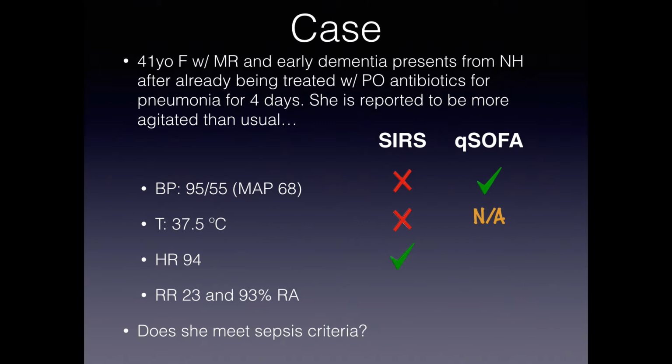Yep, gets a check for SIRS. Not there for qSOFA. Respiratory rate of 23. She gets a check for SIRS and a check for qSOFA. For SIRS, the respiratory rate is anything greater than 20, which is on the lower end of that. And for qSOFA, it's 22.